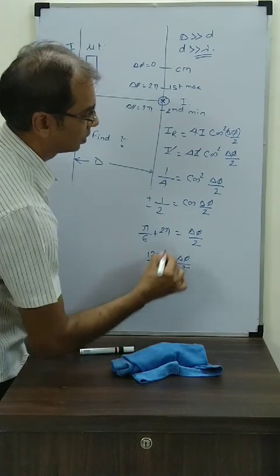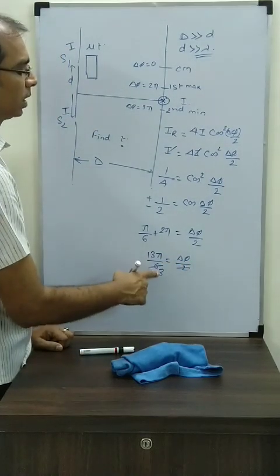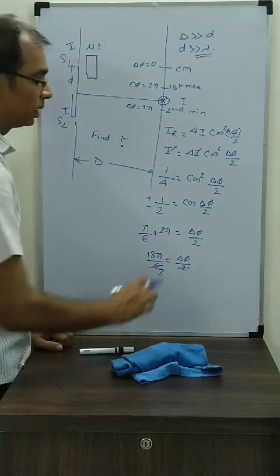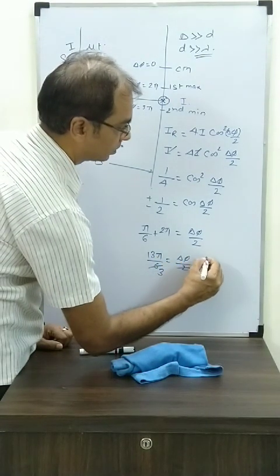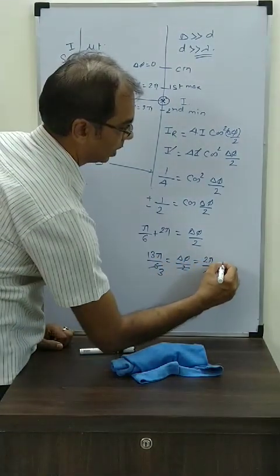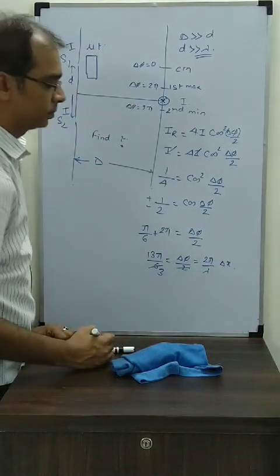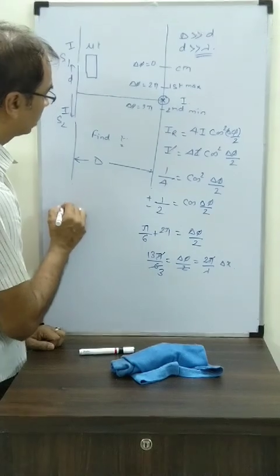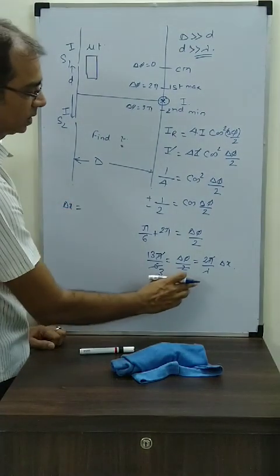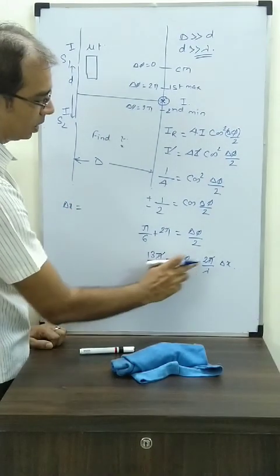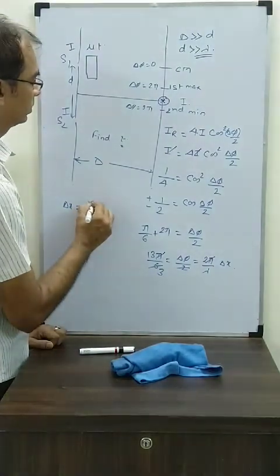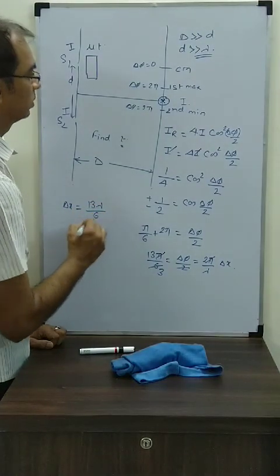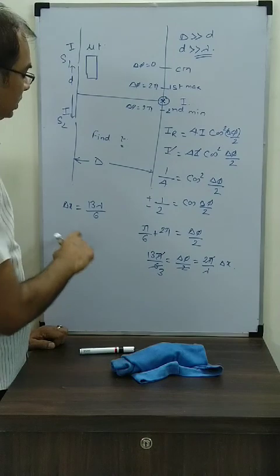So 13 pi by 6 equal to delta phi by 2. This is 3. So delta phi I am getting as 13 pi by 3. And delta phi we can write as 2 pi by lambda into delta x. And this pi gets cancelled. What is the delta x value? Delta x value we are getting as 13 lambda by 6. 13 lambda by 6 is delta x.